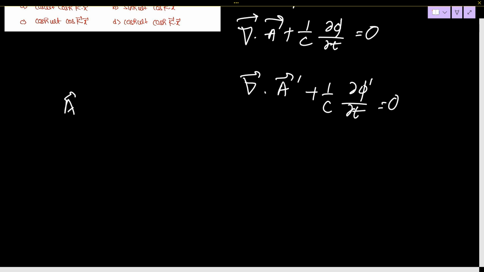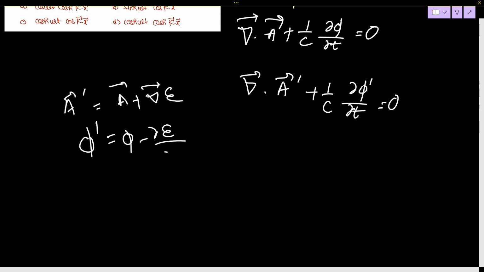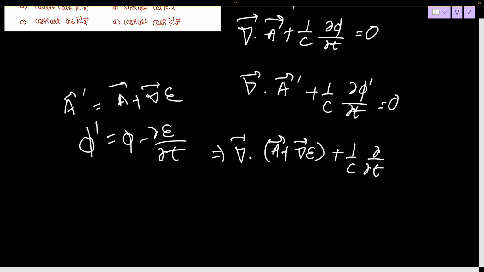A dash is given as A plus del epsilon. Phi dash is given as phi minus del epsilon by del t. So put it here: del dot of A plus del epsilon, plus 1 by c del by del t of phi minus del epsilon by del t, is equal to 0.